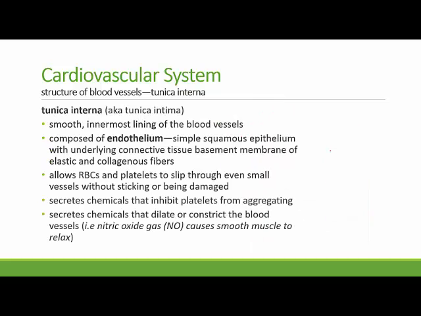So the tunica interna is the smoothest innermost lining of the blood vessels, and it's composed of a tissue named endothelium. That's a simple squamous epithelium, and it has an underlying basement membrane that's built of dense, irregular connective tissue.